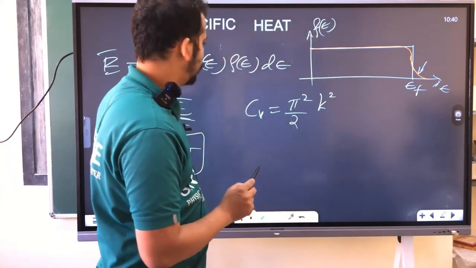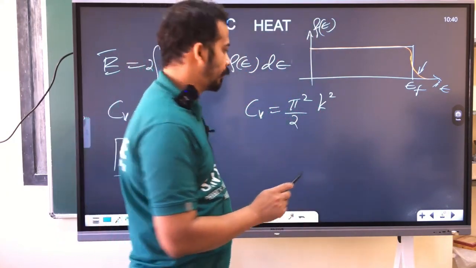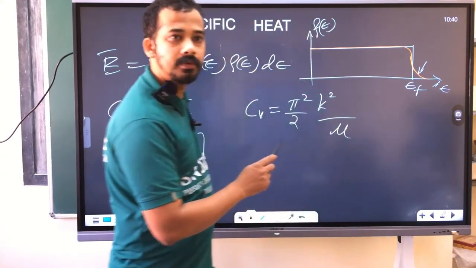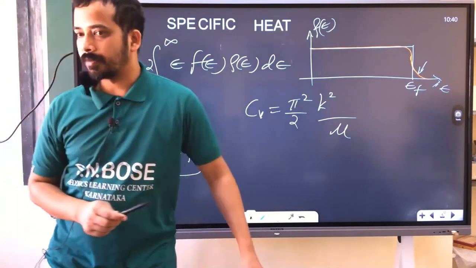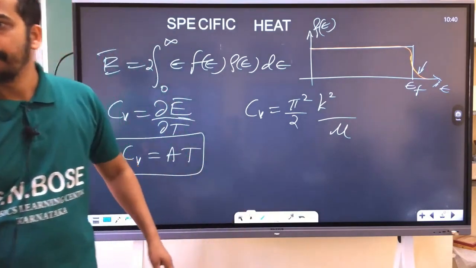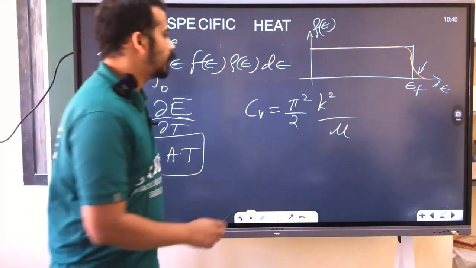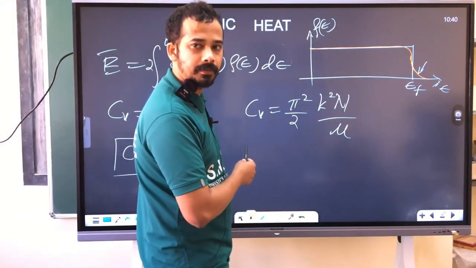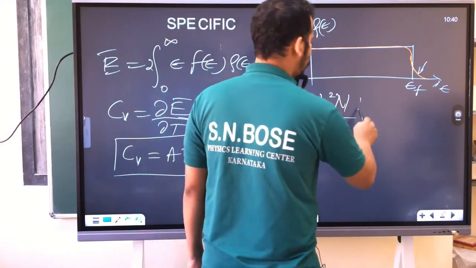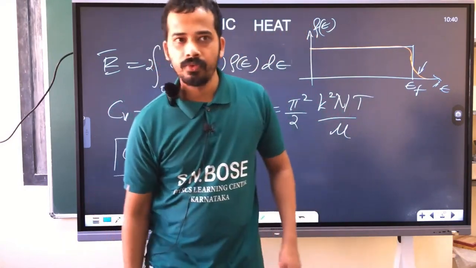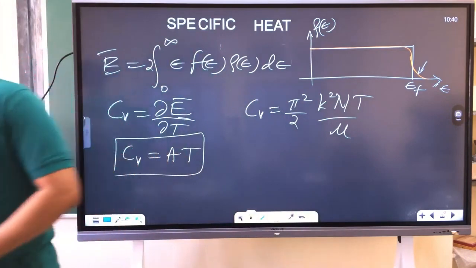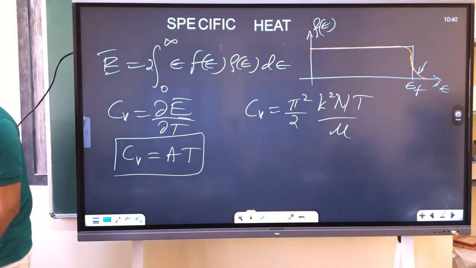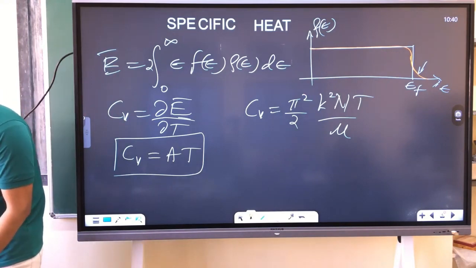Will n come? So mu comes in the denominator, that I remember. Reif's expression, have you written? N is there in the numerator. It is specific heat for total specific heat. Am I right? N into T? It is there like that? That expression is important. I'm just worrying about its dependency.